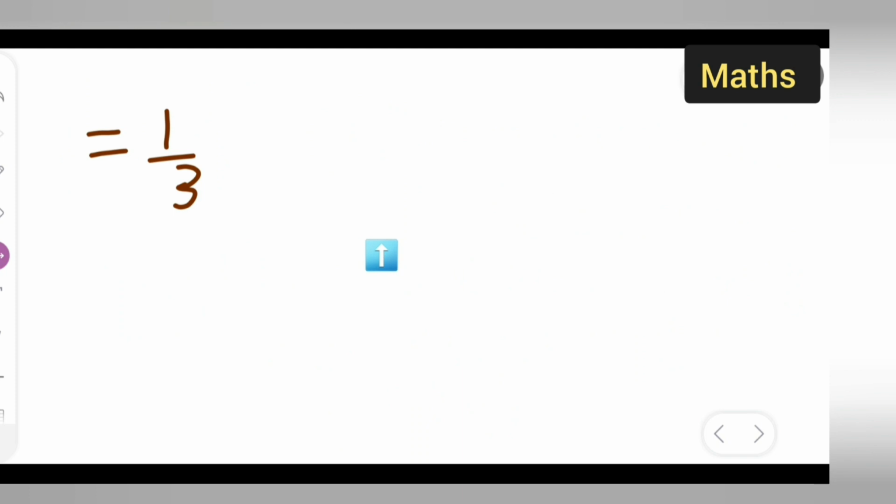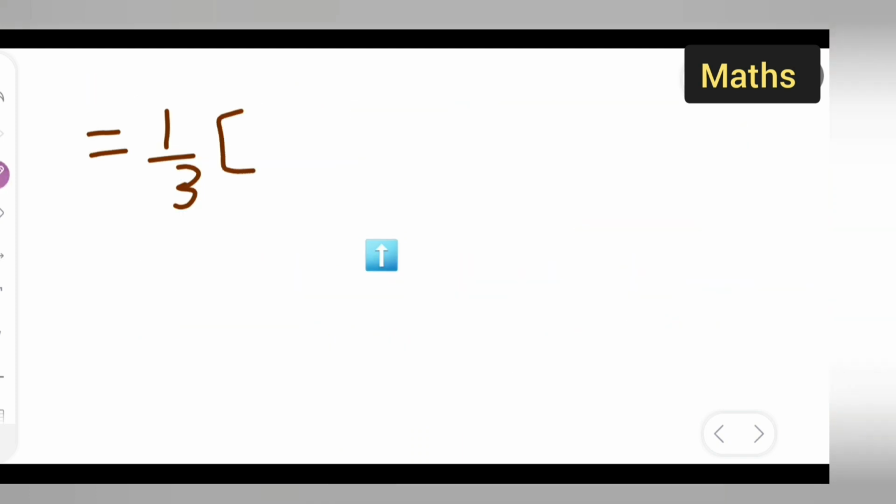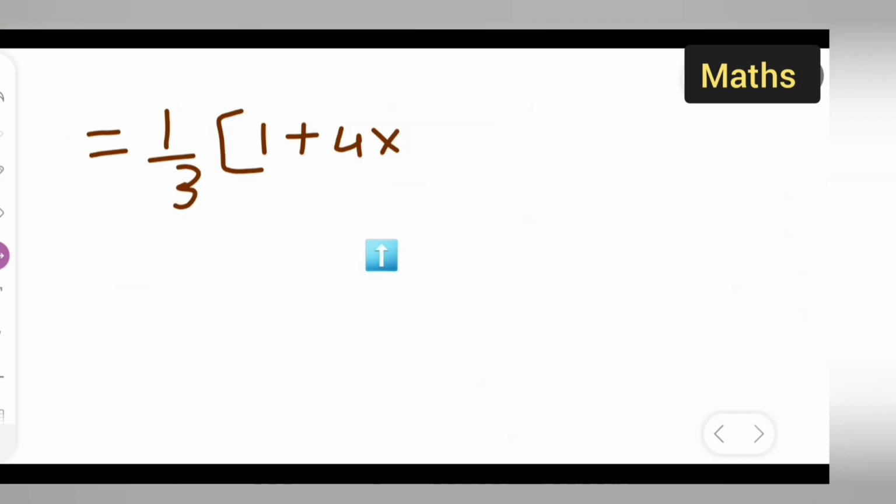Over here, then in the bracket, what is there? Open the bracket. Write 1 plus 4 multiplied by, now you all have to multiply with these numbers 0.5, 0.1, 0.038. So basically you all have to add these numbers and see what answer you are going to get. 0.5, 0.1, and the next number is 0.038.